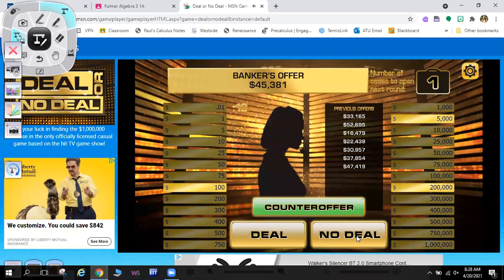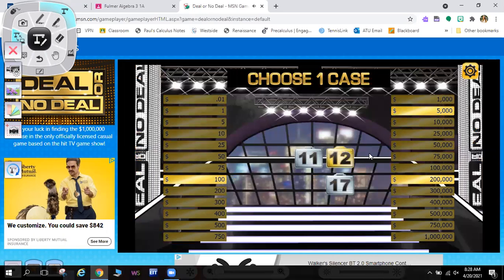Bank offer $45,381. Okay, there's 1 case left that has more than that amount. 3 cases left total.